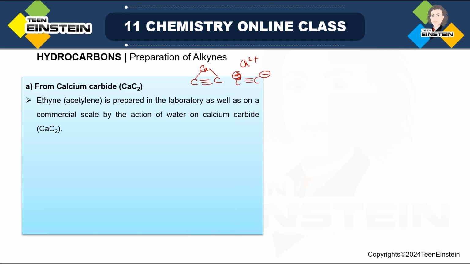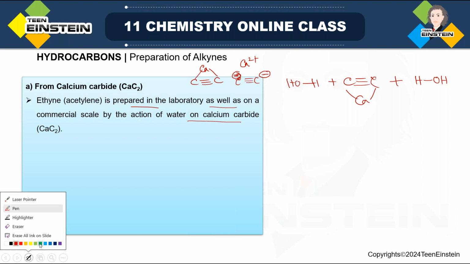Acetylene you can prepare in the laboratory, and it is also applicable on a commercial scale, by the action of water on calcium carbide. Suppose this is the calcium carbide structure, then we have one water molecule on one side. And why am I writing it in this way?